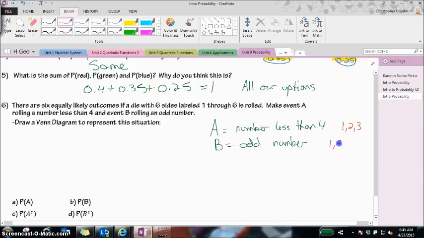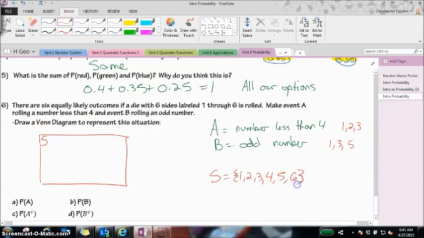What are our odd numbers? 1, 3, and 5. So for our Venn diagram, we have our box. That's our sample space. We can label that S. And again, our sample space, 1, 2, 3, 4, 5, 6, are all our options.